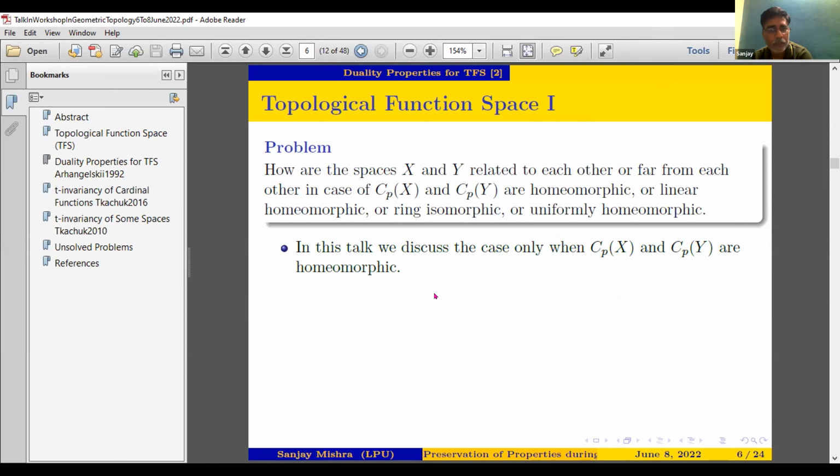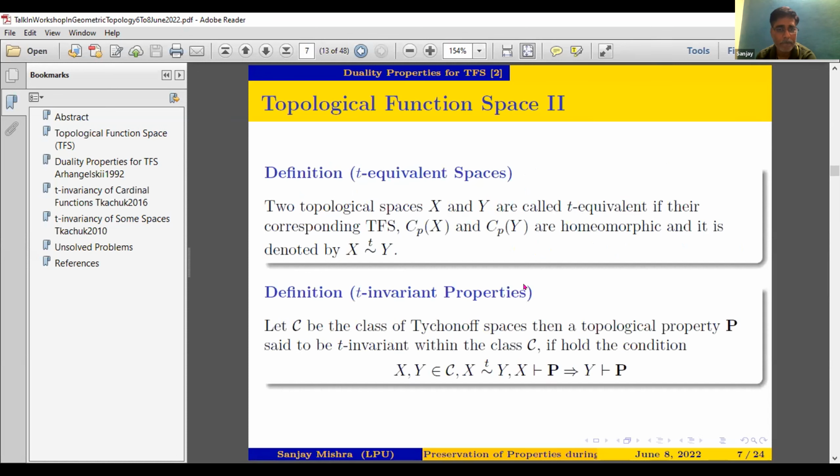There are so many perspectives for the similarity of two different topological function spaces with the topology of pointwise convergence, C_p(X) and C_p(Y). But in this talk, I will only consider the homeomorphism between C_p(X) and C_p(Y).